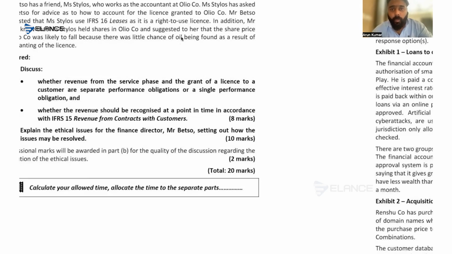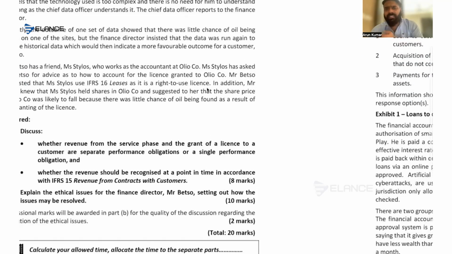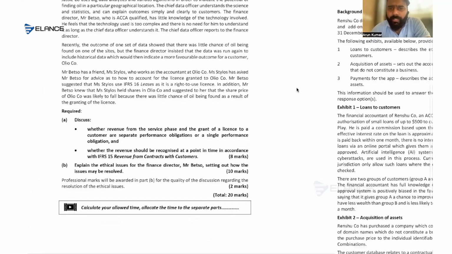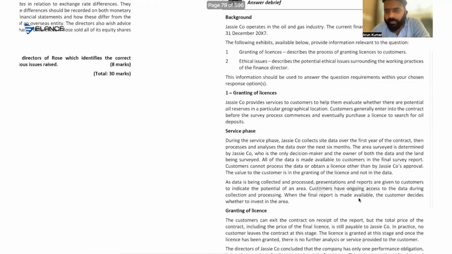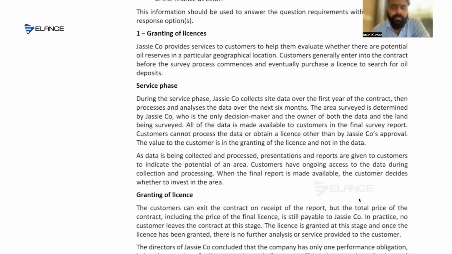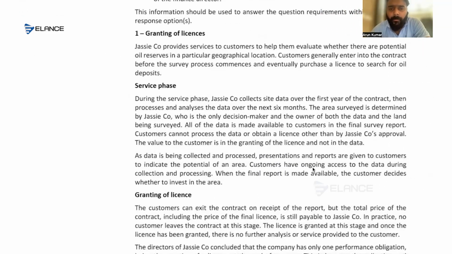Yes, over the period. But is there a service happening after the granting of the license? Once we grant the license, are we providing any sort of value to the customer after that? Once the report is available, are we providing any further revenue? No, right?